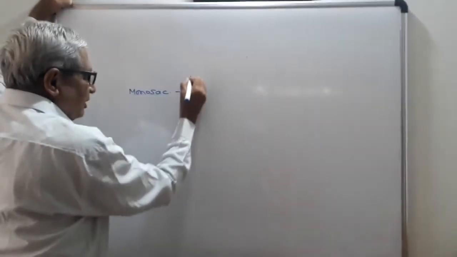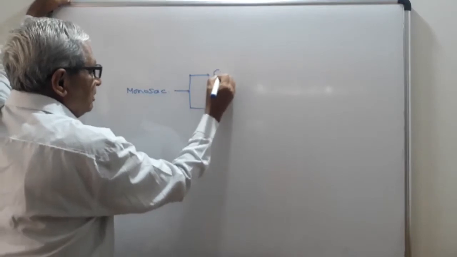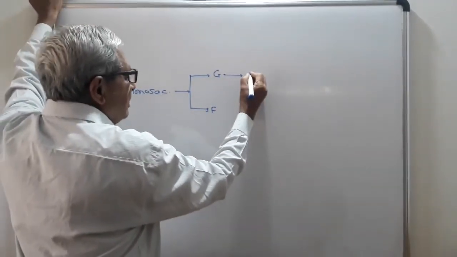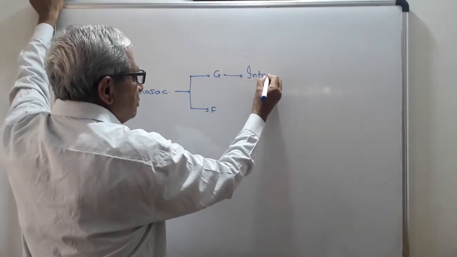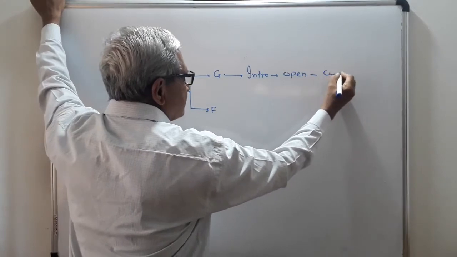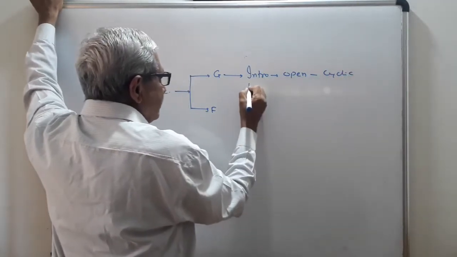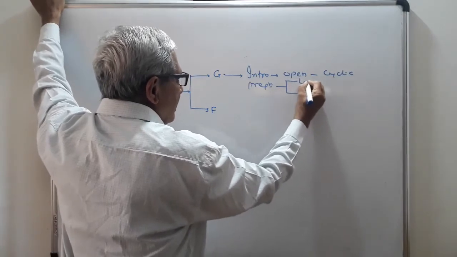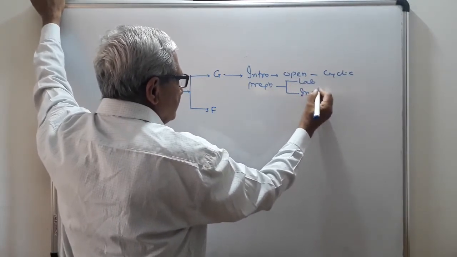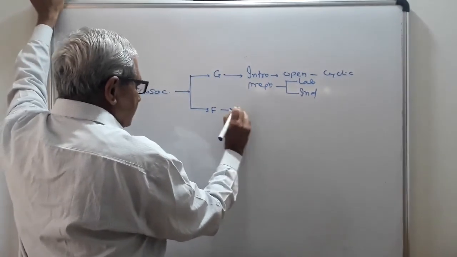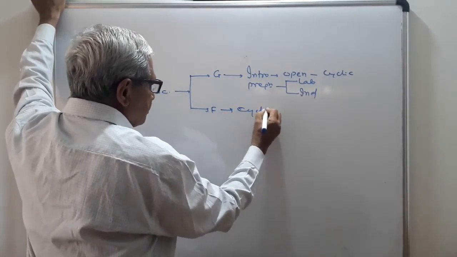In this case, we learned two things: one is glucose and second is fructose. In glucose, we learned the introduction of glucose, then the open chain structure, then the cyclic structure, also the preparation of glucose by two methods: one is a laboratory method and second is the industrial method. In fructose, we learned the cyclic structure of fructose.